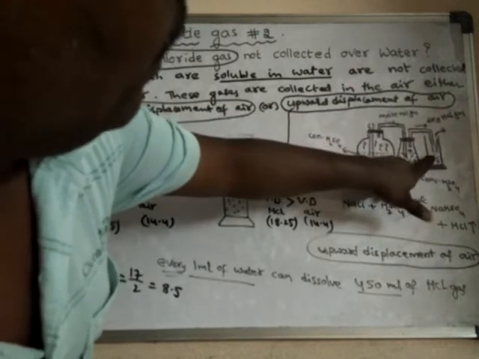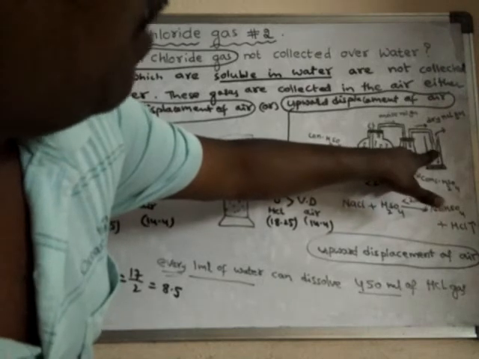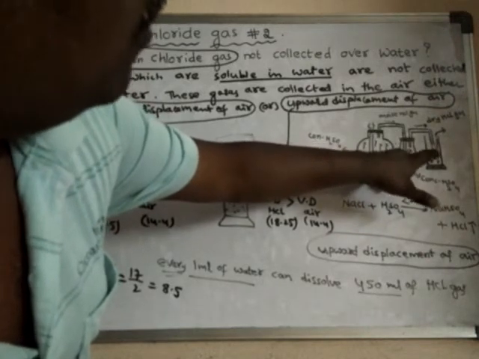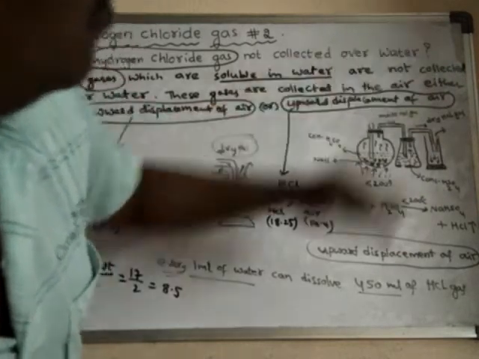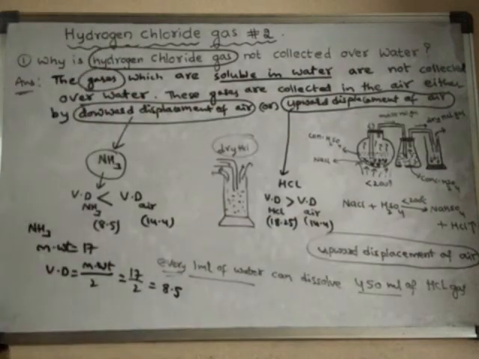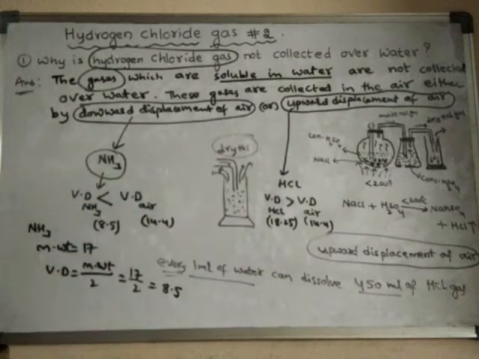Gradually, HCl gas is collected from the bottom, by pushing the air outwards. That is the difference between upward displacement and downward displacement of air.